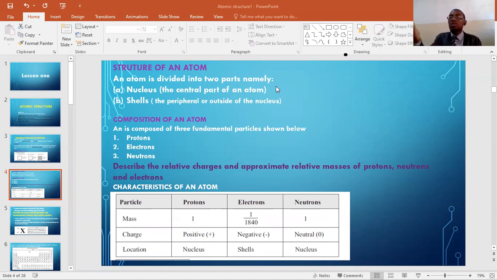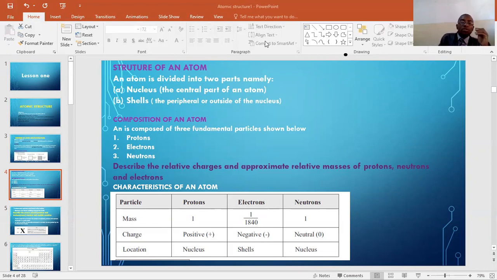So remember, we started with the element. You open the element, you find the atoms. You open the atoms, you find the nucleus and the shells. You open the nucleus, there are certain particles that you're going to find. You open the shells, there are certain particles that you're going to find. And those are called the three fundamental particles of an atom.